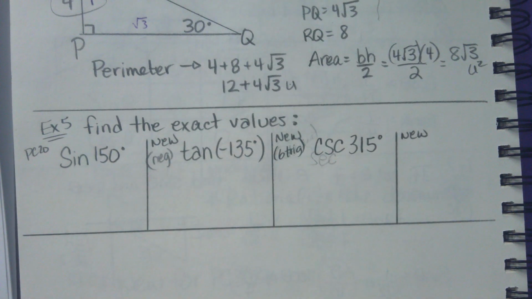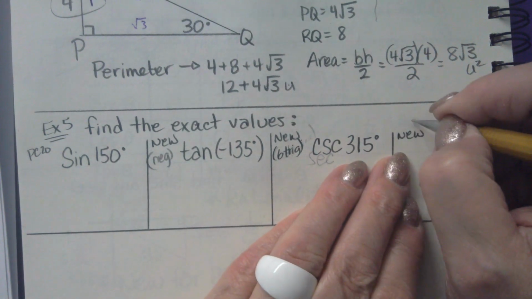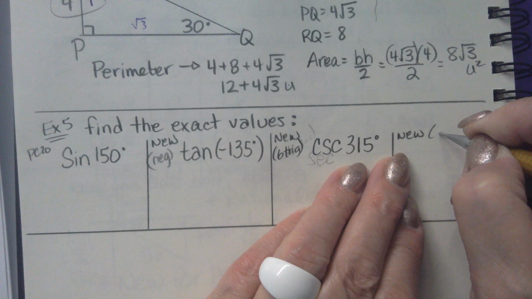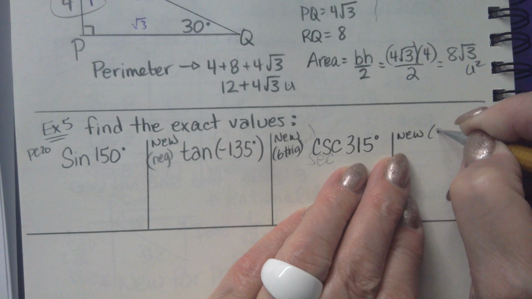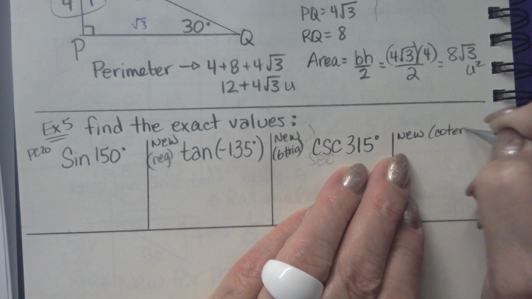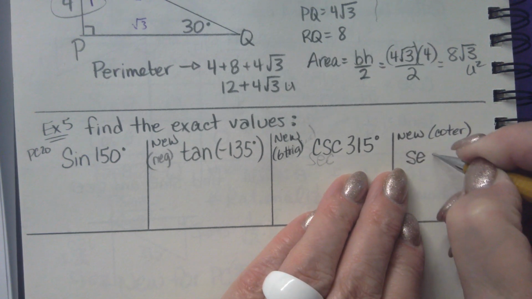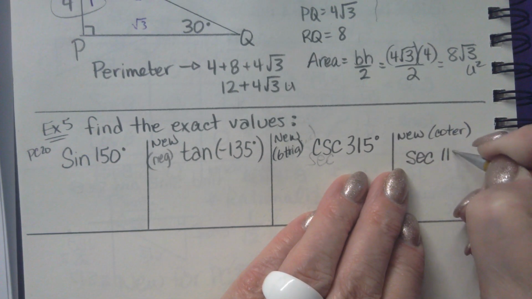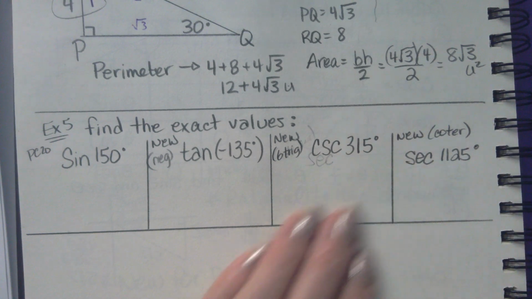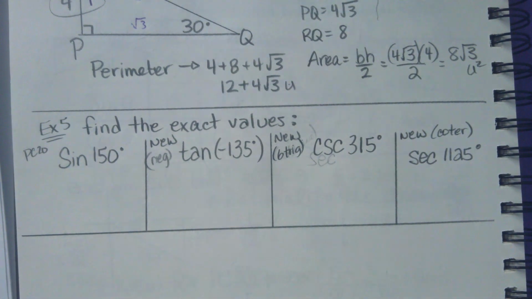All reciprocal trigs. And then this one would be your terminal, which I'm going to put as also a reciprocal trig, 1125. So those are your 3 other combinations that are expected at a PC 30 level.